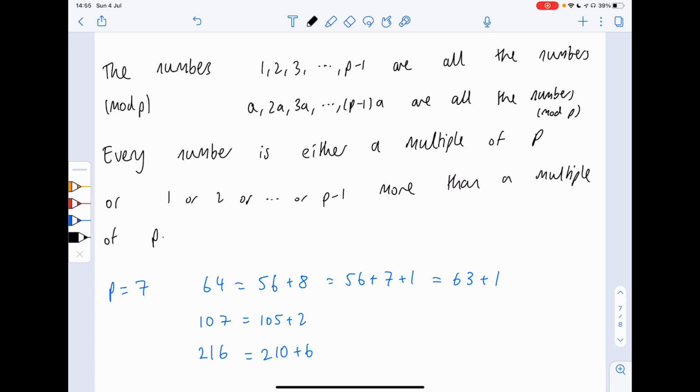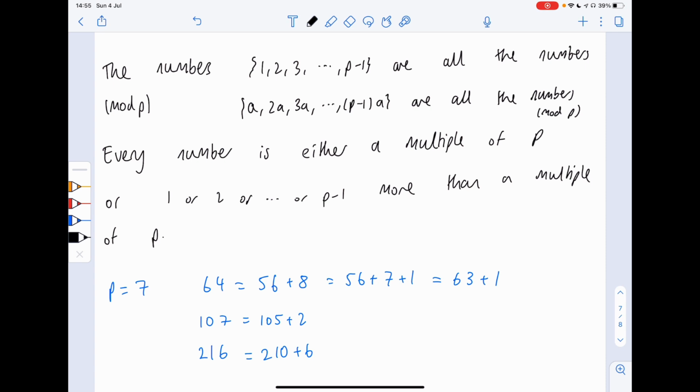So what that means is these two lists of numbers, maybe they're in a different order, but they're the same lists, right? This list here and this list, they are the same list in some order. So what that means again is if we multiply all the elements in one list together, and we multiply all the elements in the other list together, we're going to get the same thing, right?